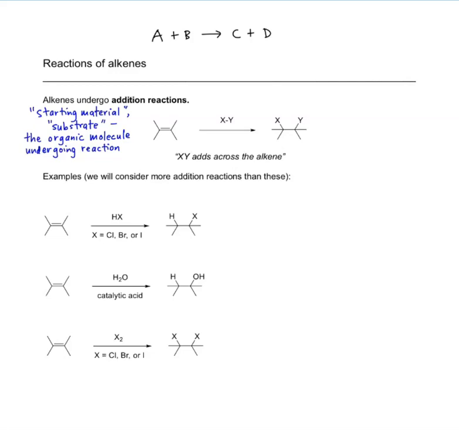Now, there's a forward arrow, just like there is in the typical chemical reactions that you saw in Gen Chem. And over and around the arrow are the reagents that you're going to use to react with your substrate. Sometimes, although not always, people will include the solvent there as well.